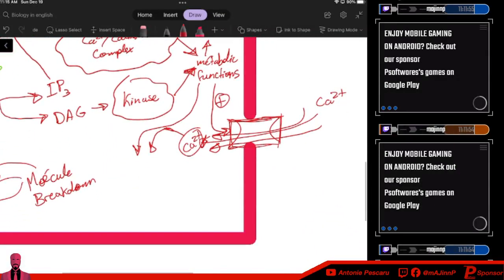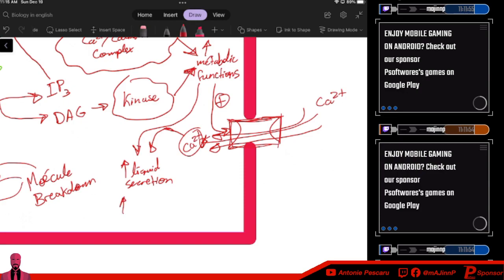What the glands are going to do is you're going to have a high augmentation of liquid secretion. And whenever calcium enters the cell, it binds onto the tropomyosin, myosin complex, etc., creating our contraction.